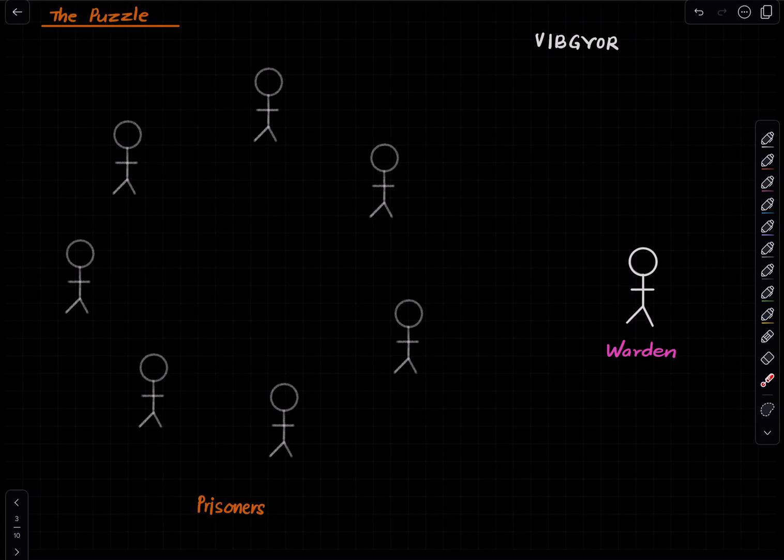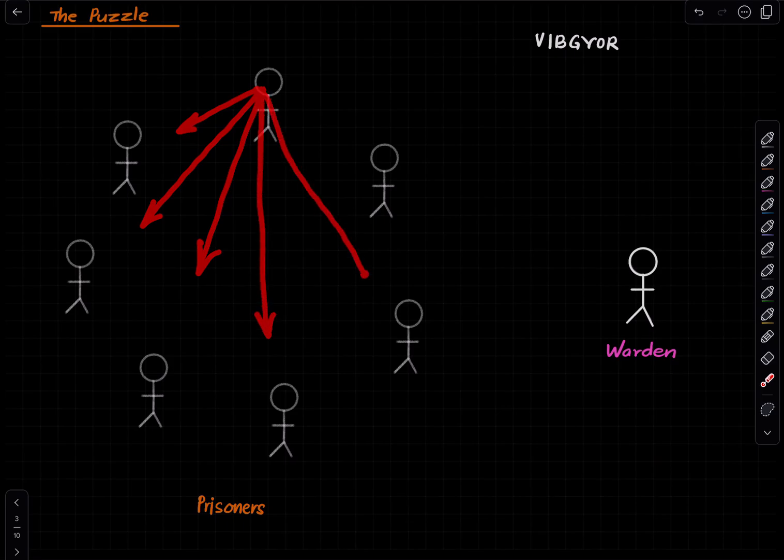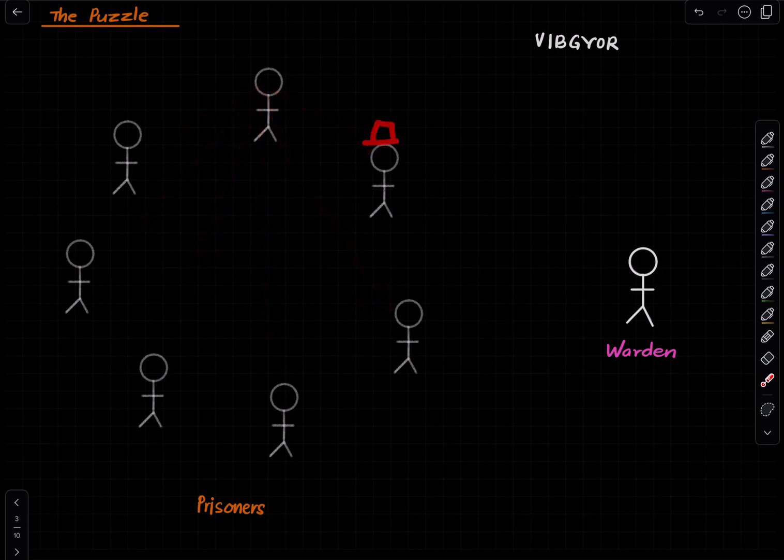Okay, so this is what he will do, and then he will ask each prisoner, what is the color of the hat that he is wearing? So each prisoner is allowed to look at what the other prisoners are wearing. So he has access to the colors of the hats of all the other prisoners, but not his own hat. He cannot look at the color of his own hat.